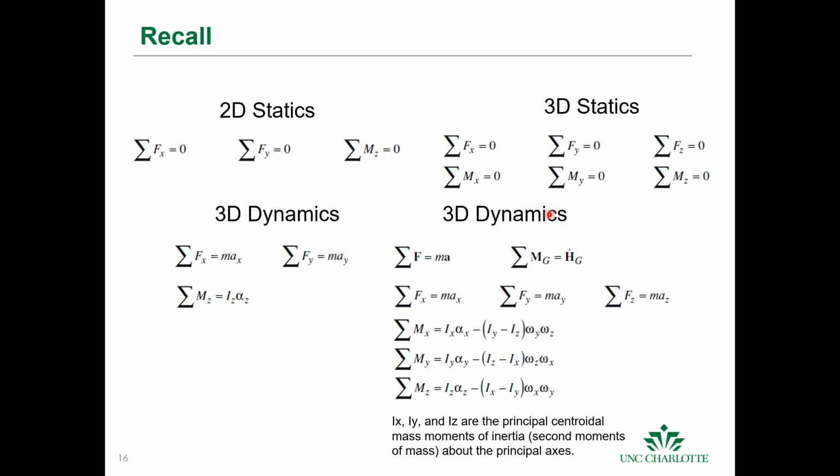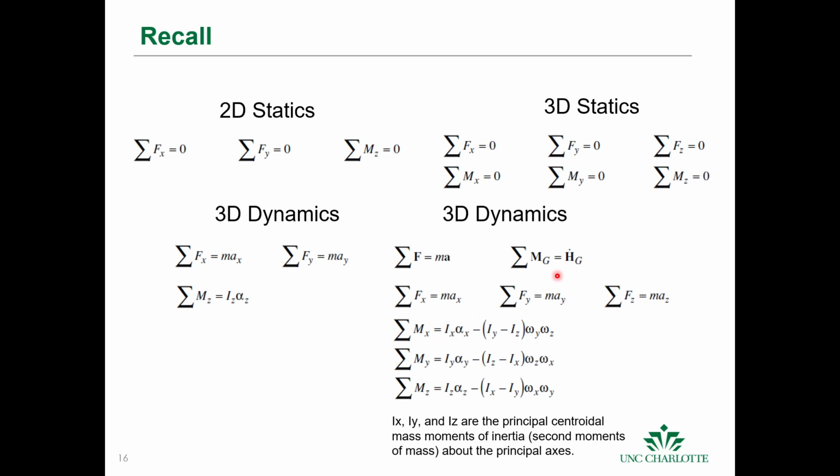In 3D dynamics, we have the same thing. Sum of forces equal to the mass times acceleration. Sum of moments is equal to I alpha, or in this case, the time rate of change of angular momentum, which is actually a more accurate representation of Newton's second law, but we usually write it as Ig alpha. Okay, we can sum forces in all directions and find their accelerations.